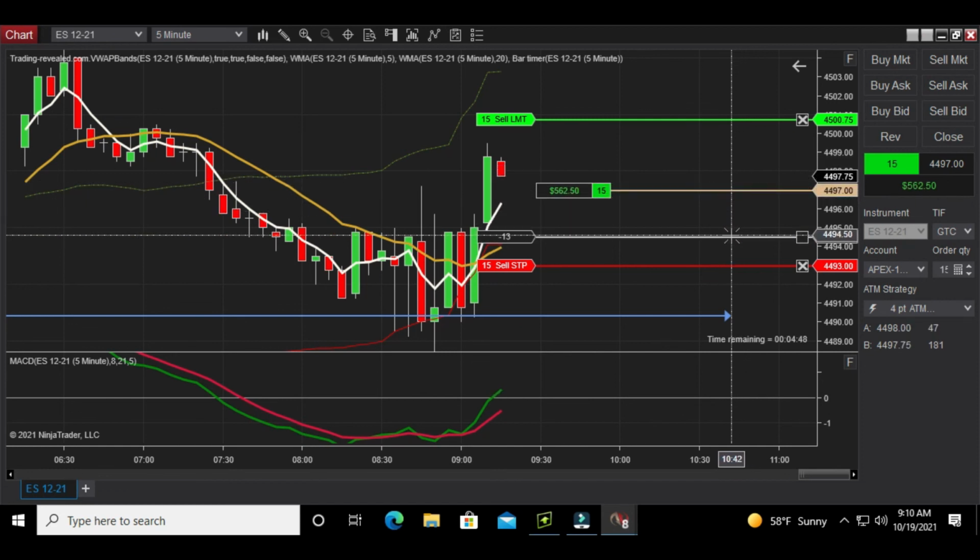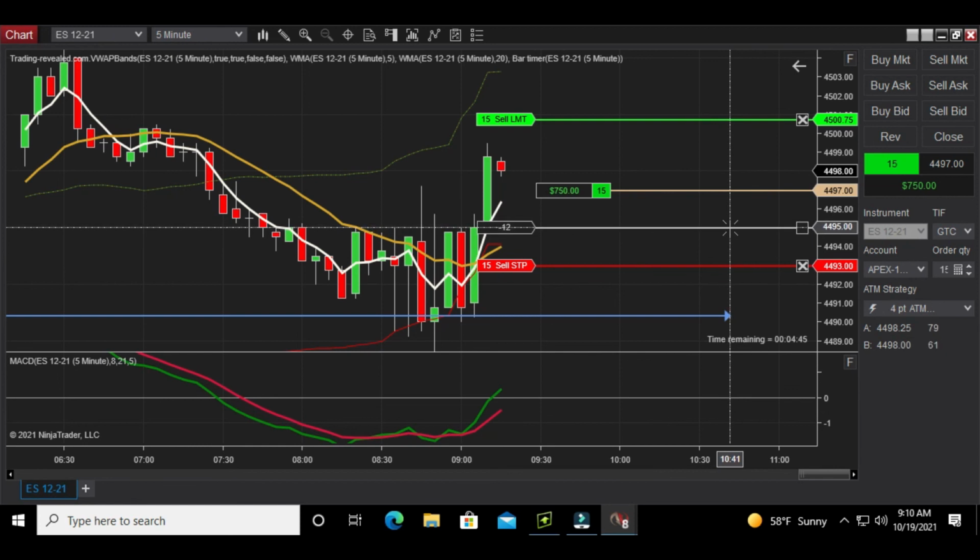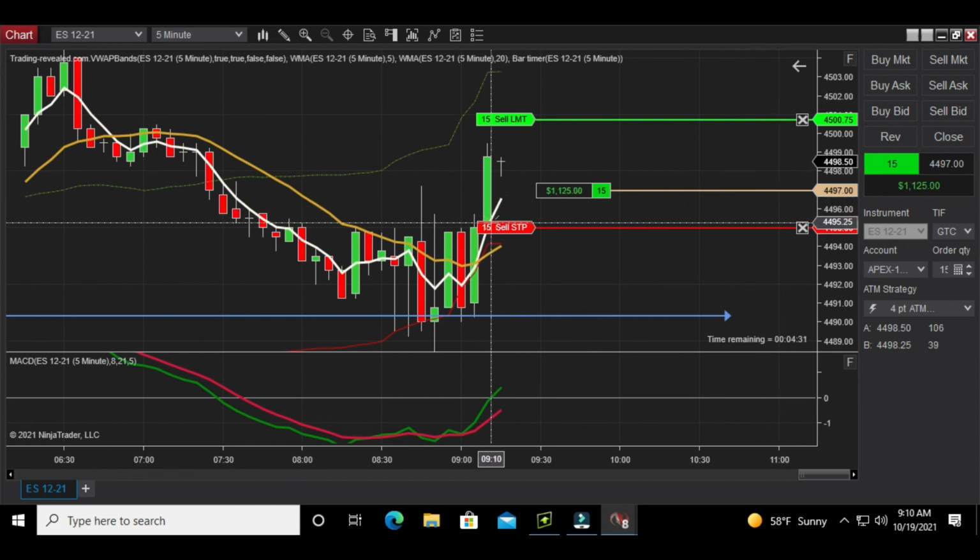But it ended up being about $1,800 profit on my P&L, the profit and loss, or something like that. But it was a good trade. My goal, of course, was to get at least $1,500 for my first trade, and I was definitely happy with that.